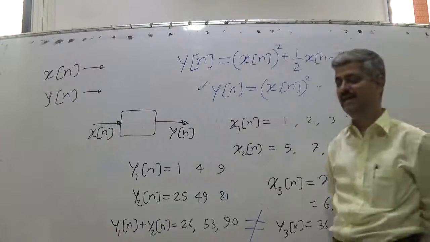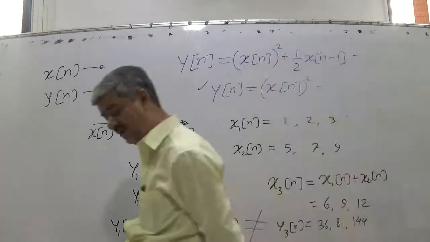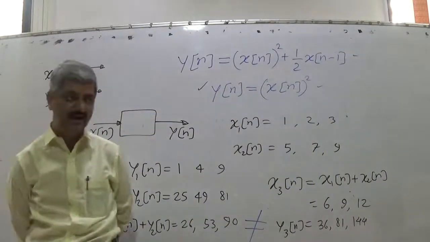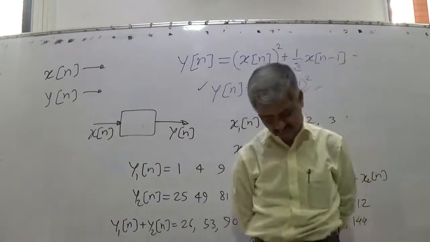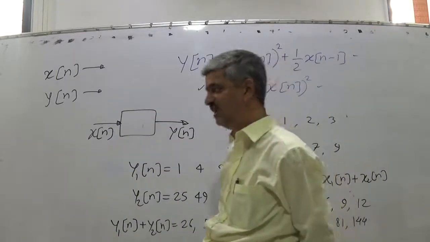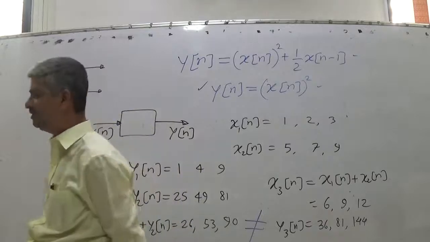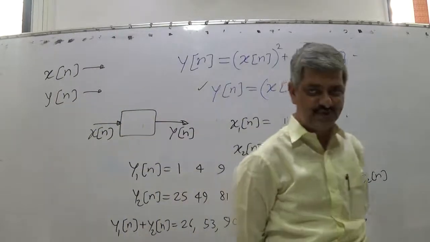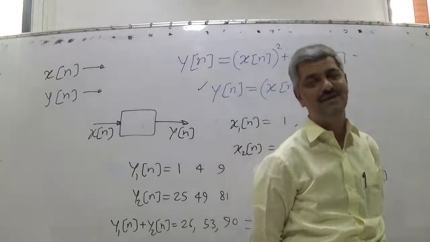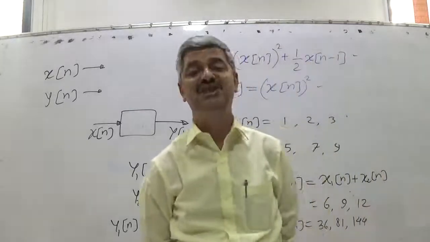If x1[n] produces y1[n], and x2[n] produces y2[n], and I have a sequence generated using a linear combination of x1[n] and x2[n], that is a x1[n] plus b x2[n], say 2x1[n] plus 3x2[n], which can be x3[n].